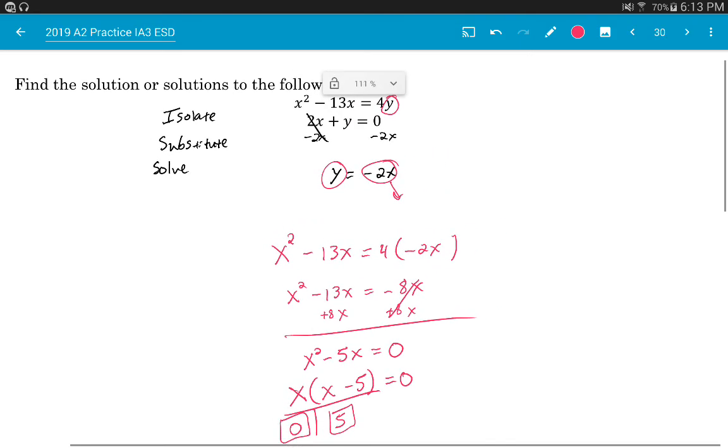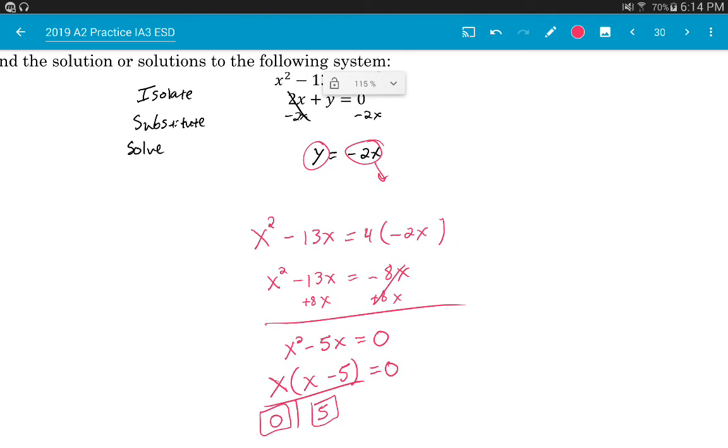So now here's the thing. That's what x is equal to. So I've got two solutions from that. x equals 0, and I've got x equals 5. I'm going to want to plug back into one of these equations. Specifically, this one seems easiest. If y equals negative 2x, that should tell me what y is.